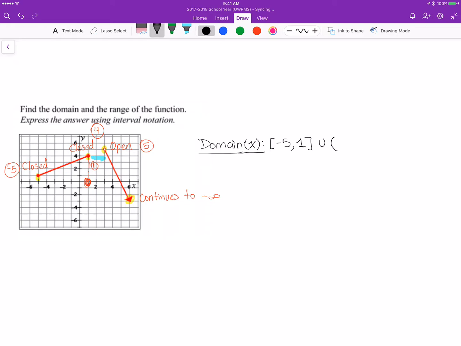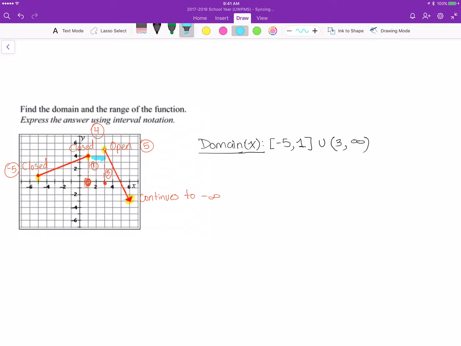And that is 3. I forgot to label that too. My x values. My goodness. My 3 right here. 3, comma, positive infinity.